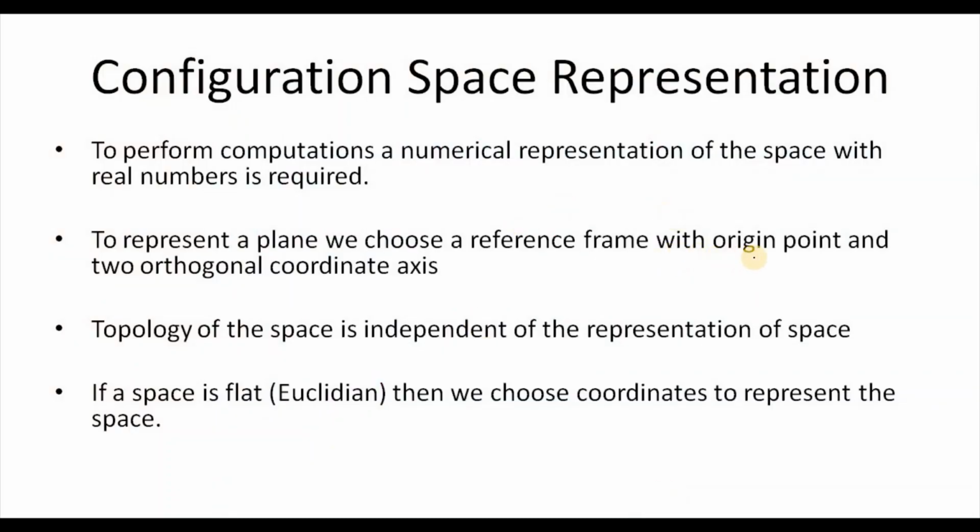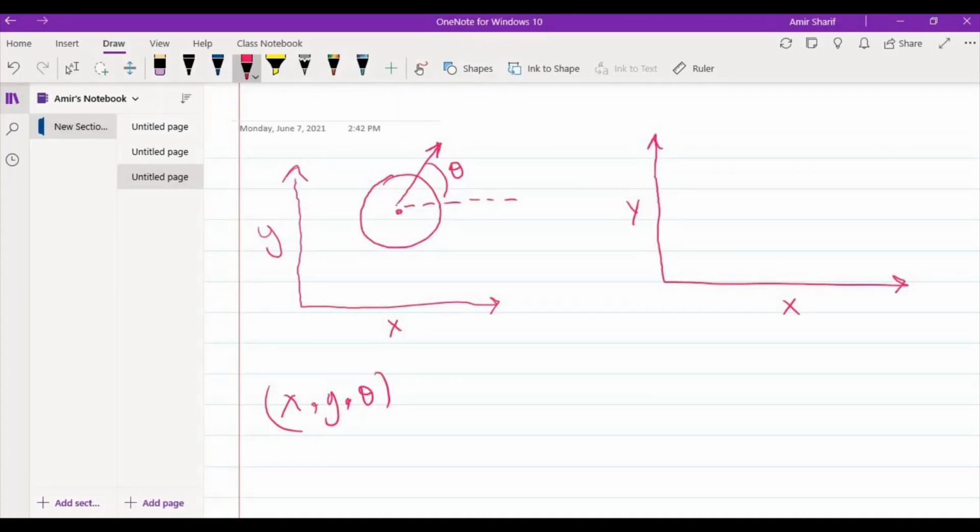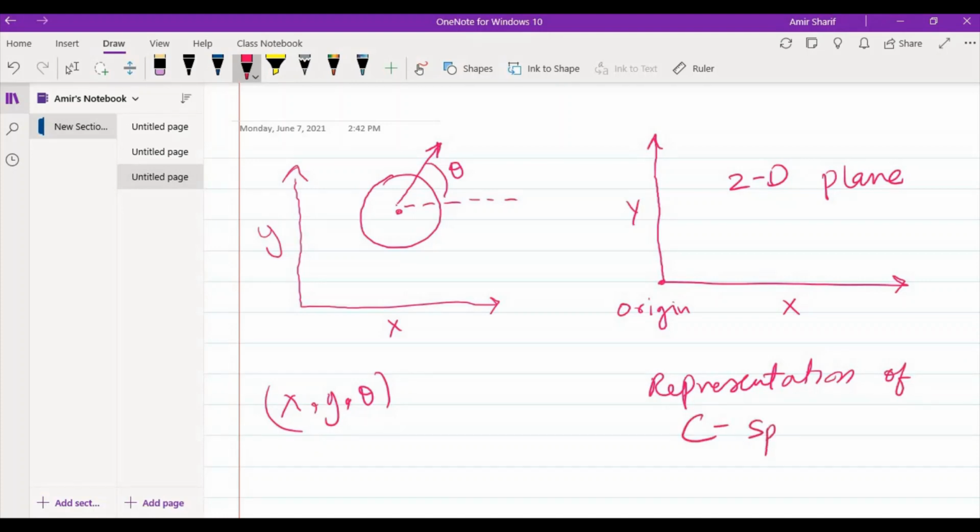There is an origin point here, we call it origin, and we have two axes, x and y. So that's how we represent a two-dimensional plane. This is a representation of C-space.